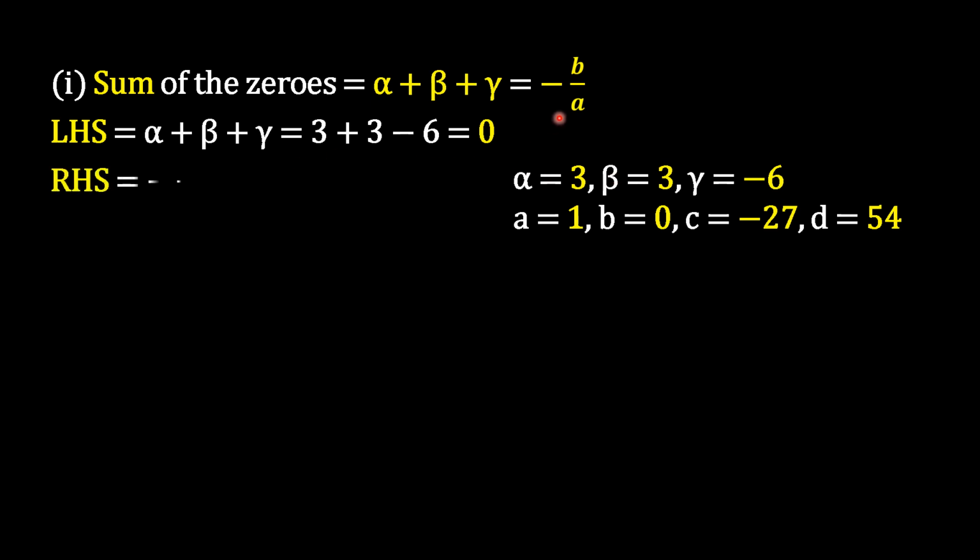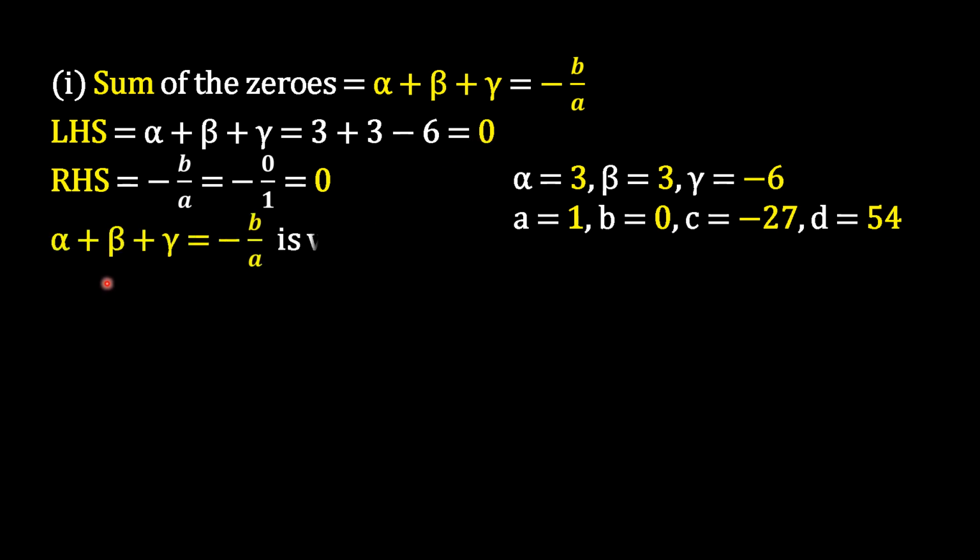Now RHS, which is minus b upon a, b is 0, a is 1. This gives us RHS equals 0. Since LHS and RHS both are equal, the relationship alpha plus beta plus gamma equals minus b upon a is verified.